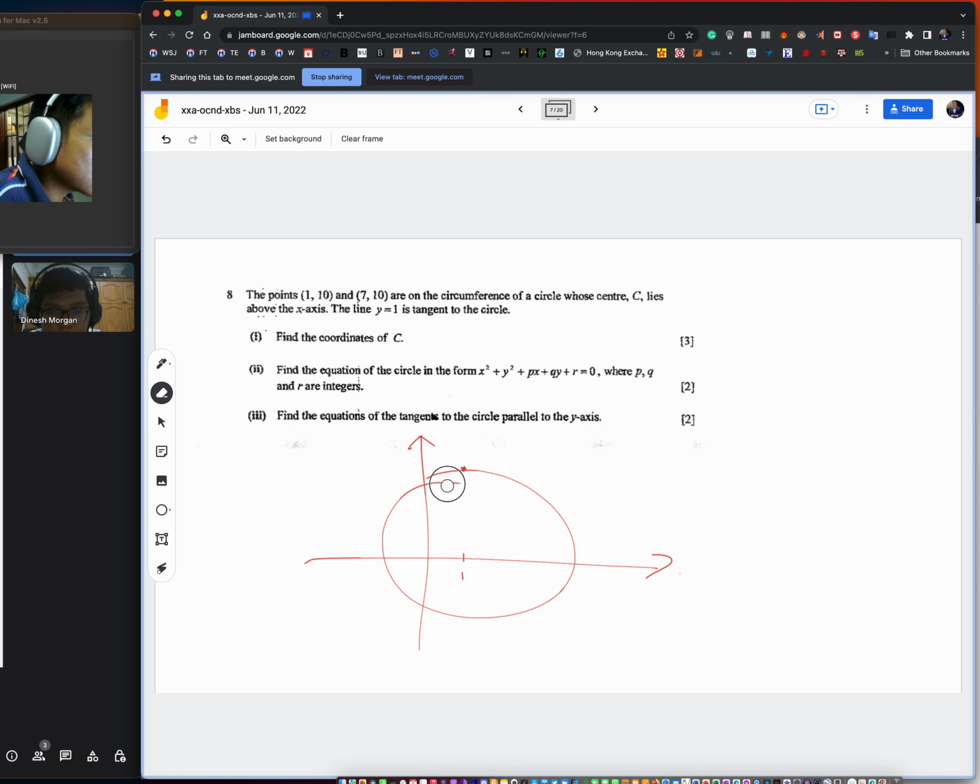Okay, so it looks like you need to do a sketch. It might not be the right sketch, but it needs to give you an idea how it looks like. So let's say 1 and 10, then 7 and 10.